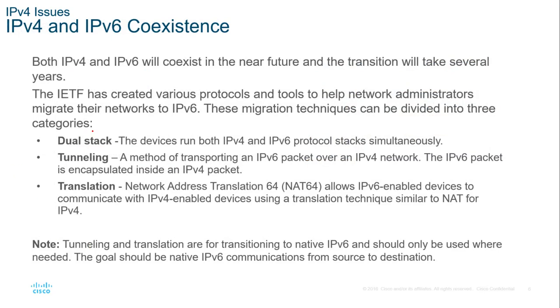So IPv4 and IPv6 can actually coexist. Both coexist in the near future, and the transition will take several years. It's not that if you want to transition, you just switch immediately from 4 to 6.